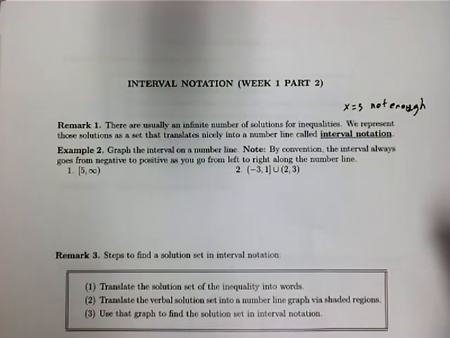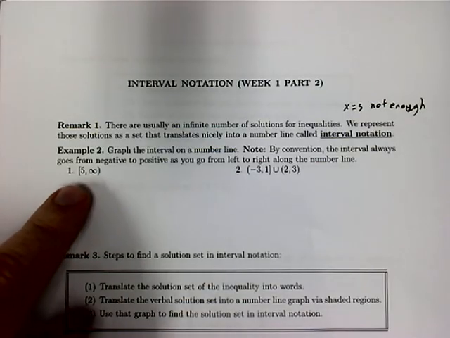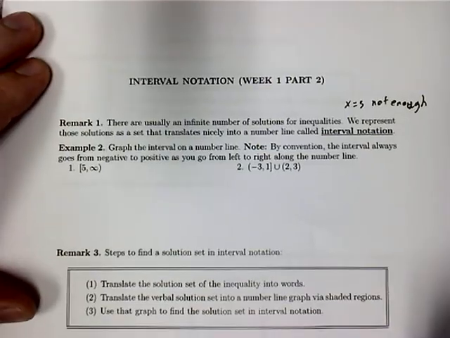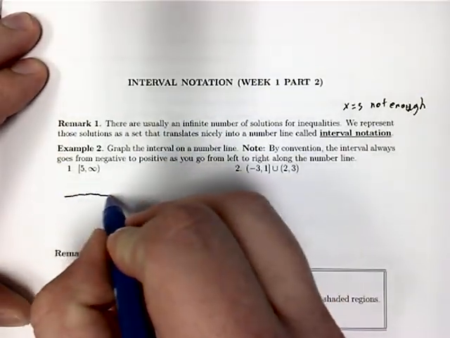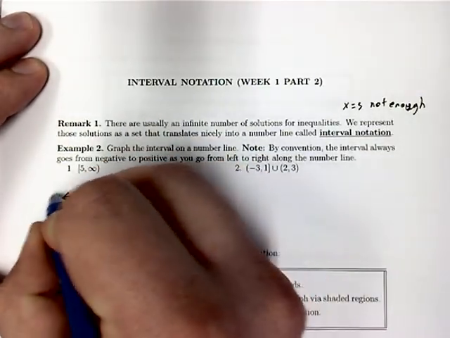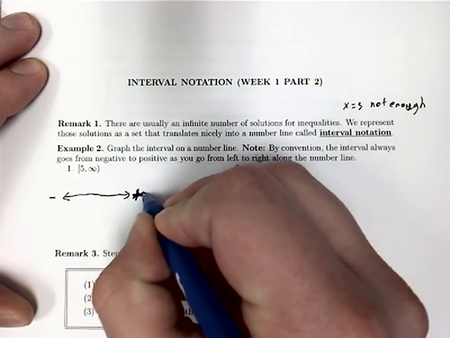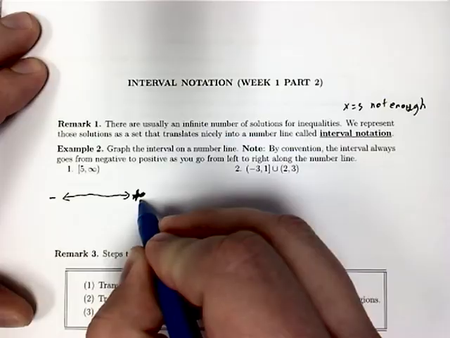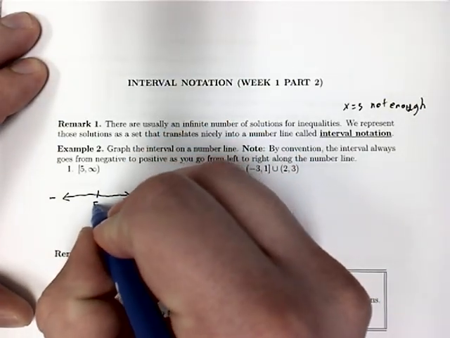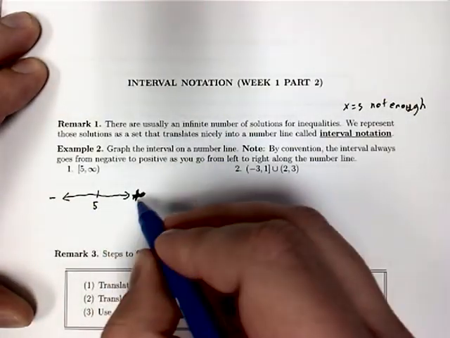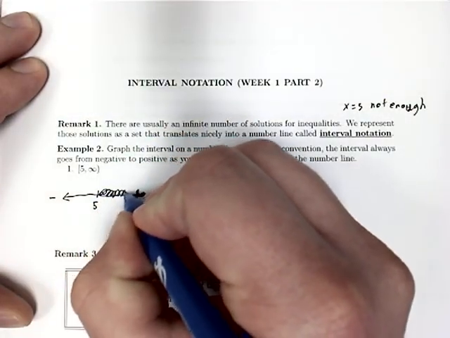So let's look at some interval notation and see why it lines up so nicely with number lines. This reads as the set of all numbers between 5 and infinity. What does 5 to infinity look like on a number line? We don't have to worry about getting the exact notches of where everything is, but from 5 to infinity, that's all of this stuff right here.